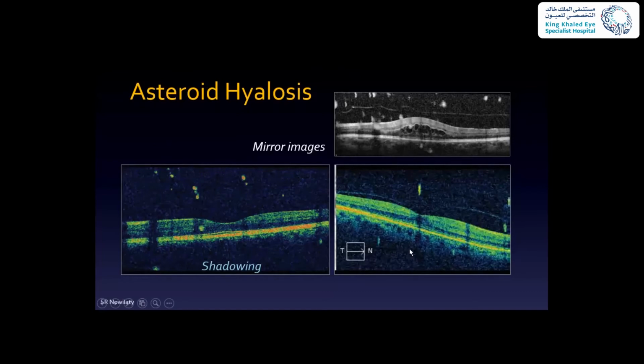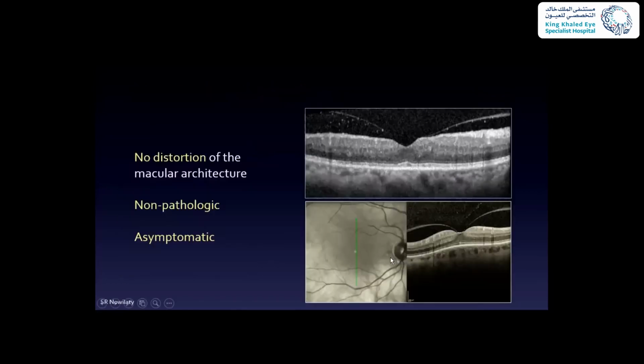So sometimes you get a mirror image of these structures inferiorly. This doesn't mean that there's asteroid hyalosis at the level of the choroid. These are mirror images of the vitreous structures because they're out of focus. The retina is the plane of focus, and basically everything that's anterior to it is going to appear in a mirror fashion inferior to the retina. So that's how you interpret it.